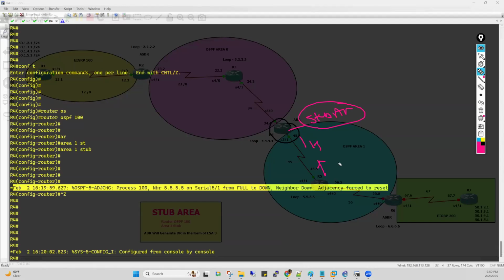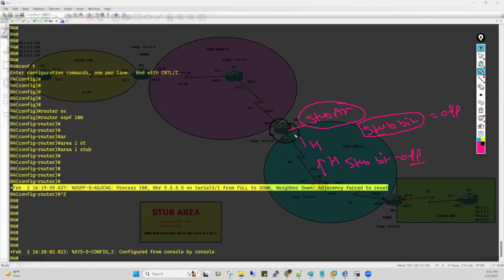Agree everyone? Inside the hello packet there is one field called the stub bit. And this is by default off.